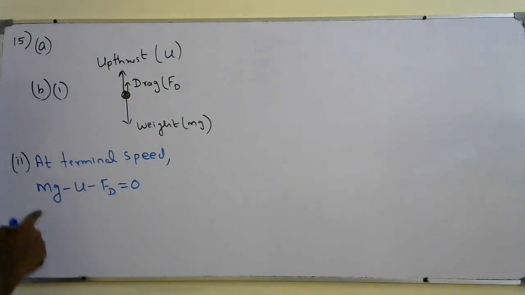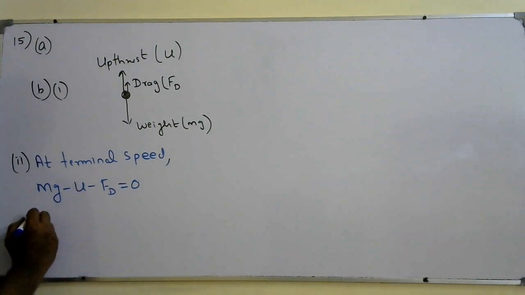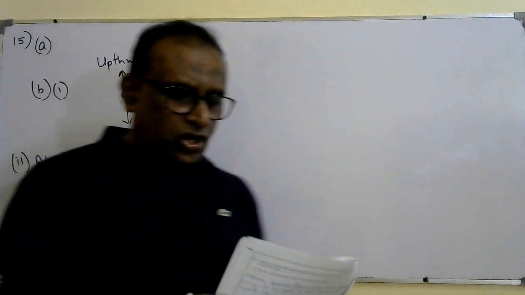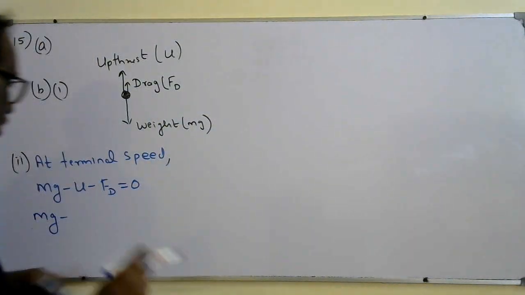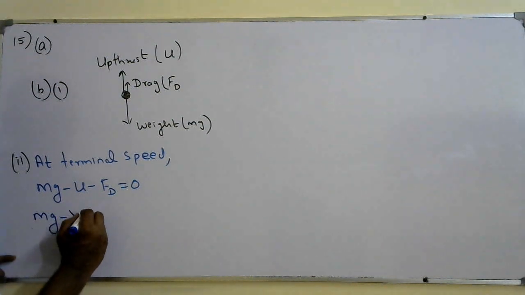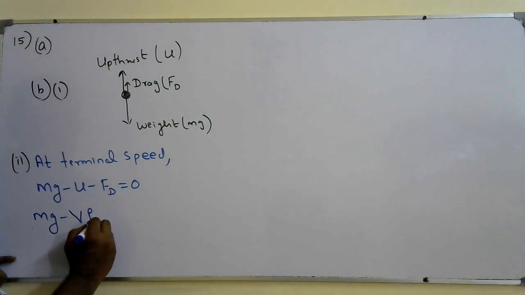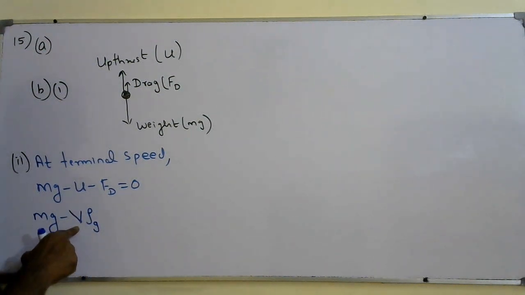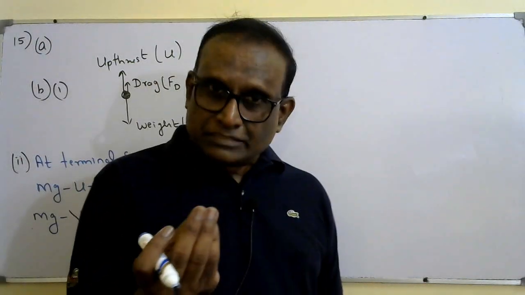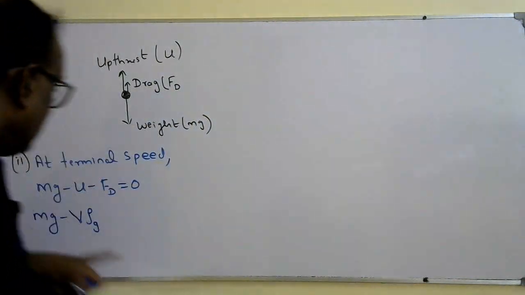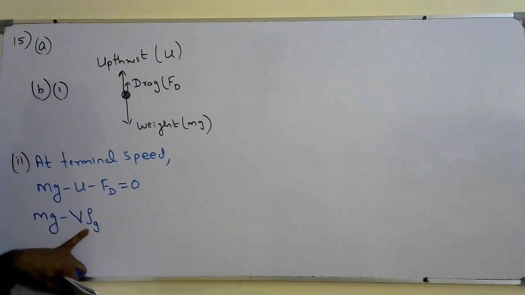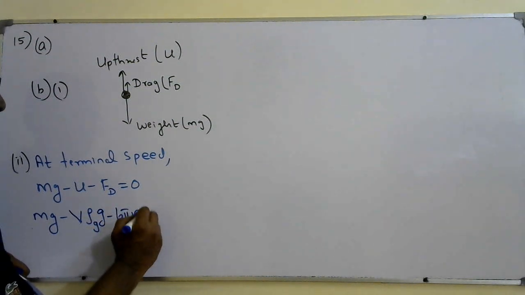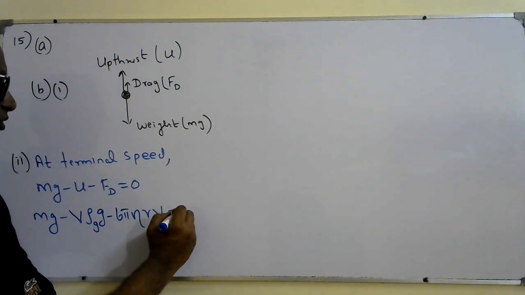So mg is given, and upthrust is equal to the volume of the sphere, which is the volume of the displaced liquid, V, times the density of the liquid, glycerol, rho, times g, minus 6 pi eta r Vt equals 0.